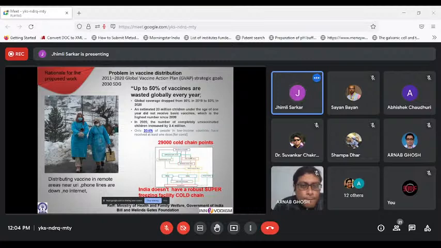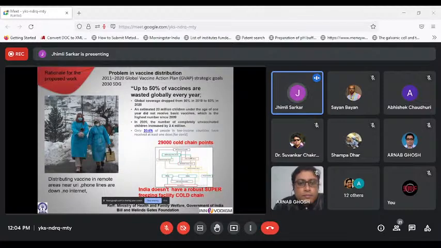According to WHO, various action plans have been implemented, like the 2020 Global Vaccine Action Plan and strategic goals for 2030. In spite of all these plans, up to 50% of vaccines are wasted globally every year. As the statistics show, coverage has dropped from earlier years to 2020.